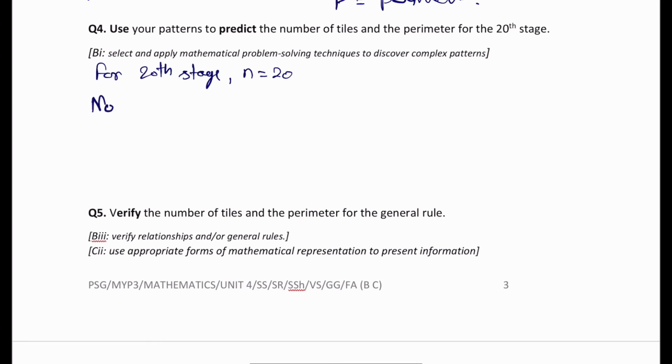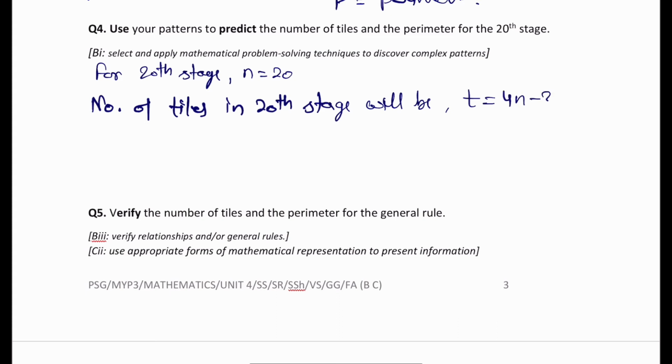So, the number of tiles in the 20th stage will be t equals 4n minus 3. Now you can substitute the value of n over here. n is 20. 4 times 20 minus 3. So 80 minus 3 will give you 77. So there will be 77 tiles in the 20th stage.